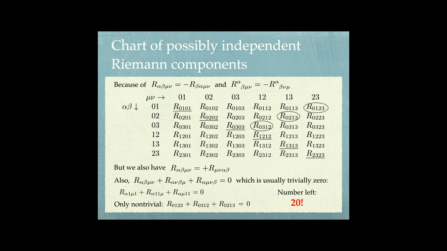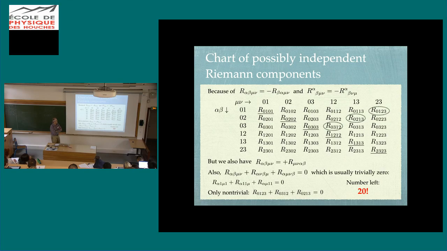Okay. So the importance of these symmetries is, among other things, we can count up how many independent components there are of the Riemann tensor. Because if I switch the first two indices or the last two indices, I get a flipping sign. Then if those two indices are the same, what does it mean about the value of the Riemann tensor?